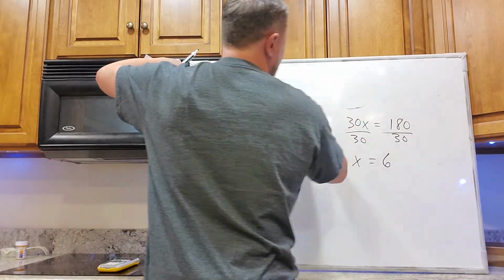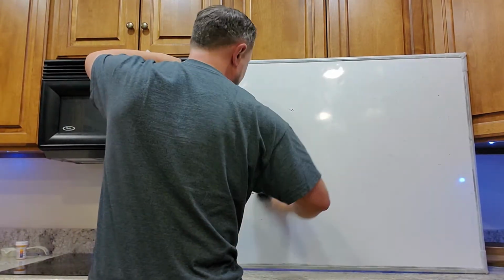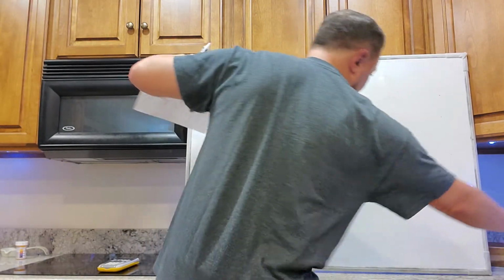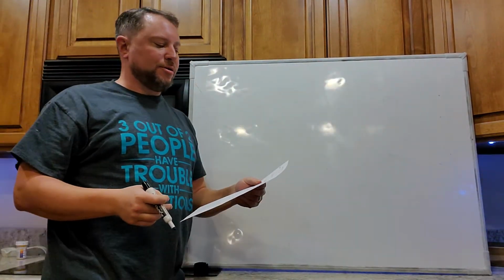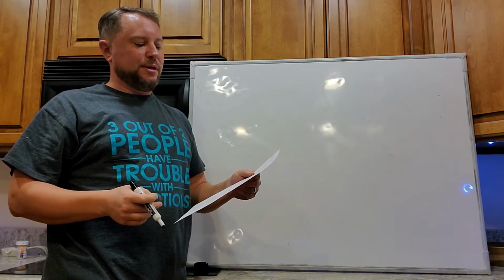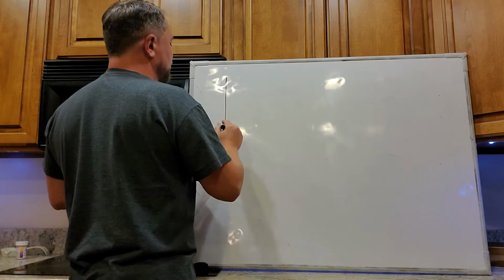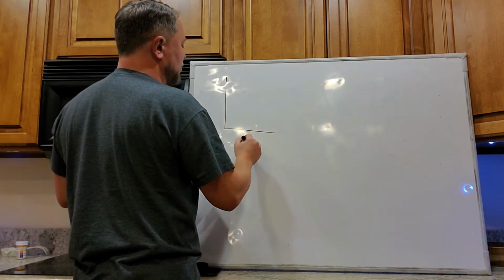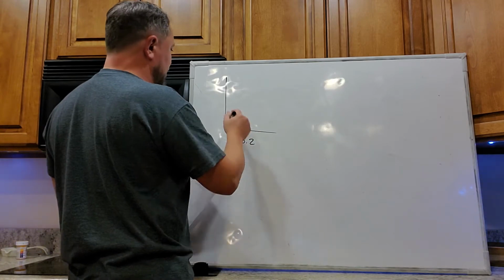Erase this so I can keep going here. On problem number 3, it says the legs of a right triangle are 8.2 inches and 10 inches long. So we've got a right triangle. One of the legs is 8.2 inches and the other 10.